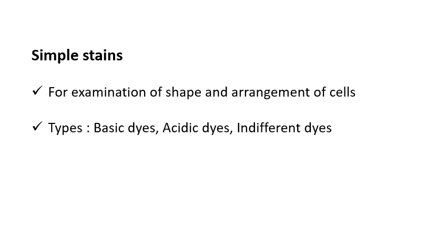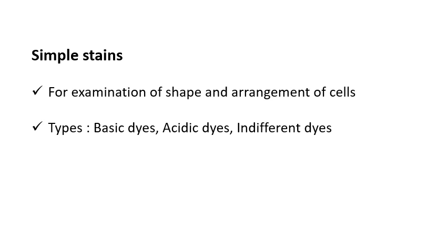Simple stains are the stains used in the microbiology laboratory for staining microbes and to study the shape and arrangement of cells. The simple staining technique can be defined as coloration of microorganisms by applying a single dye to a fixed smear.